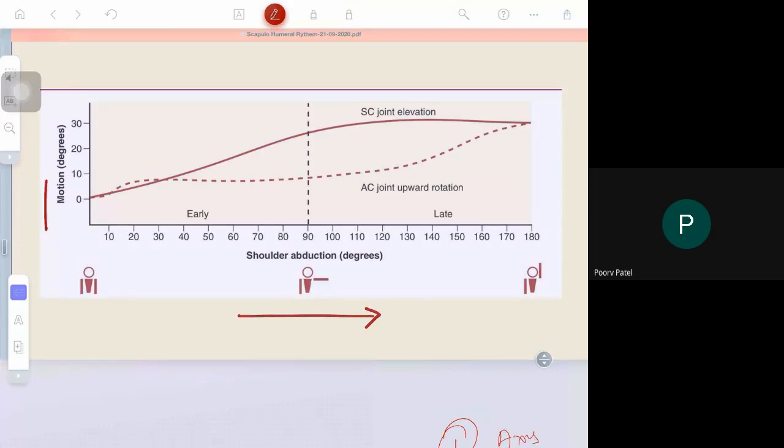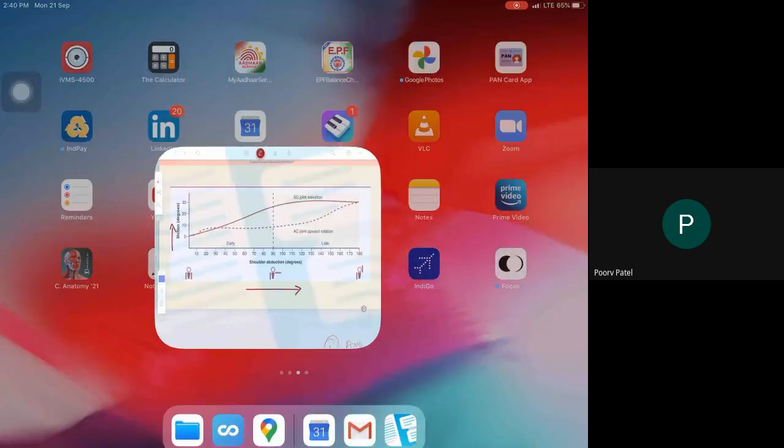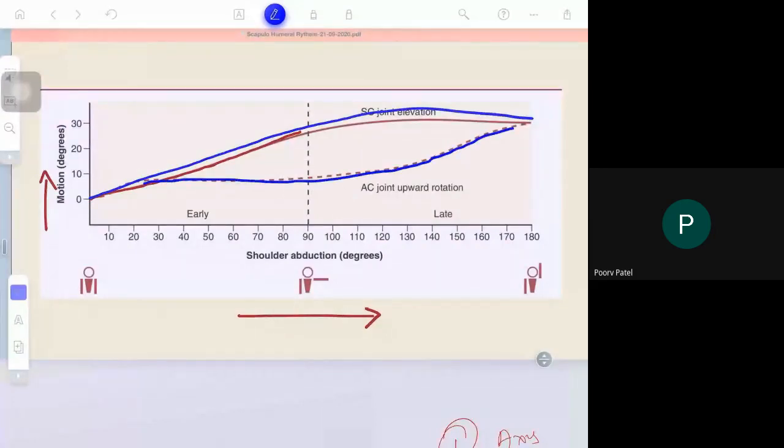And here you can see the motion: one line represents sternoclavicular joint movement, and the dotted line represents acromioclavicular joint movement.